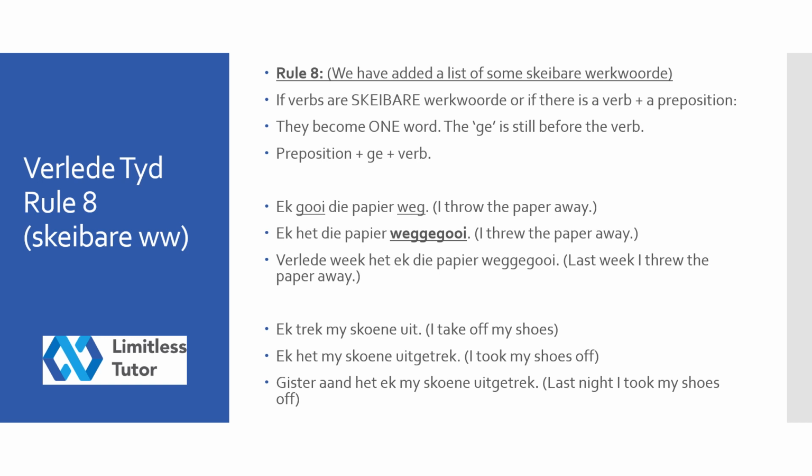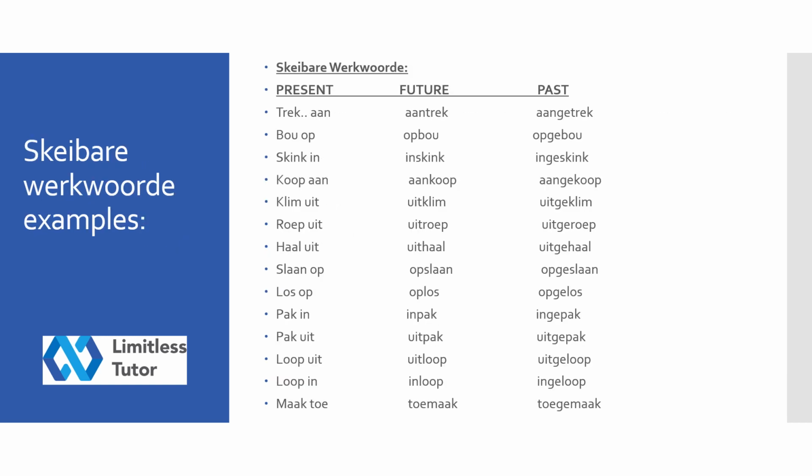Verlede week het ek die papier weggegooi. Ek trek my skoene uit, ek het my skoene uitgetrek. Gisteraand het ek my skoene uitgetrek. These are examples of skeibare werkwoorde. In present tense, we would see the verb, and then there would be words in between, and the preposition would be towards the end of the sentence.